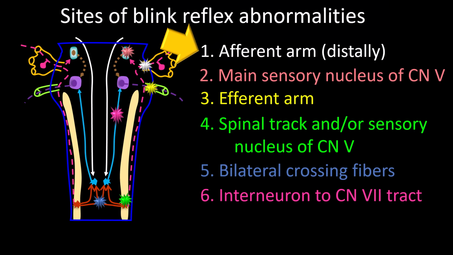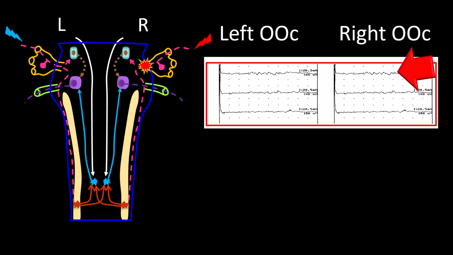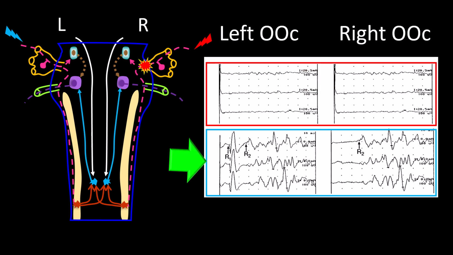Two types of pathologies, either producing current interruption or current slowing, can involve the distal afferent arm. In this frame, I have represented a right distal afferent arm current interrupting lesion at the trigeminal root. This pathology will show upon right stimulation no R1, R2 ipsilateral, nor R2 contralateral, whereas left side stimulation will be normal.